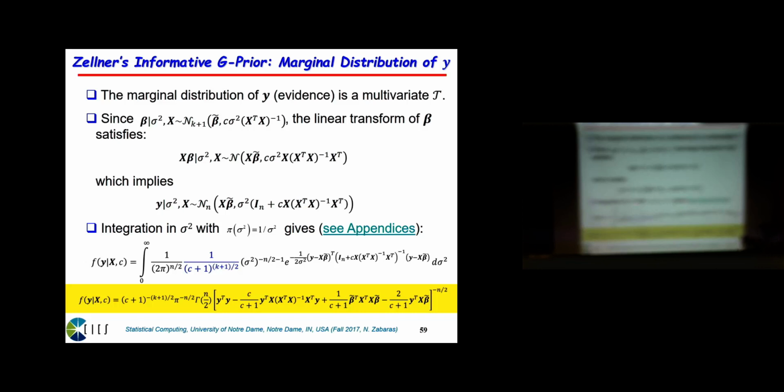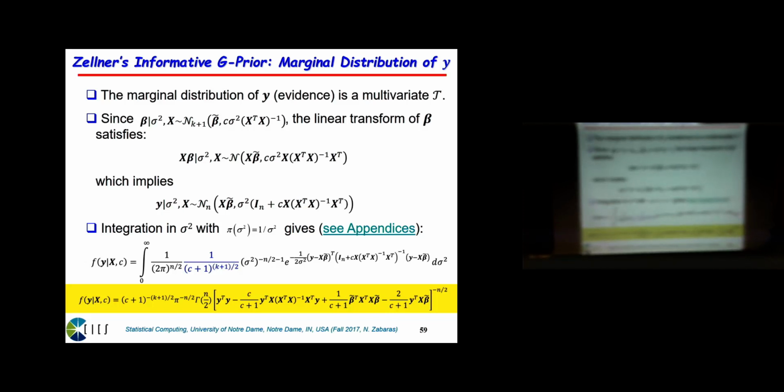I'm going to come back to how I get this formula. If this is the likelihood with beta integrated out, then effectively you have an integral of this likelihood, this Gaussian, which is all of these terms, times the prior on sigma squared, which is 1 over sigma squared. This comes from the Gaussian, this comes from the prior, so this is what the integral looks like.